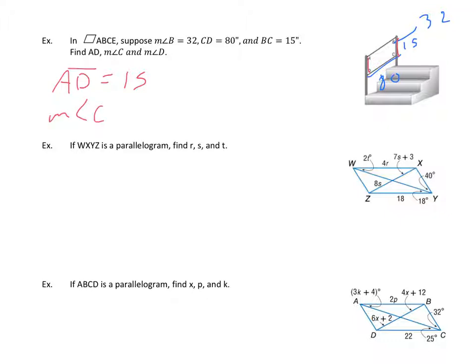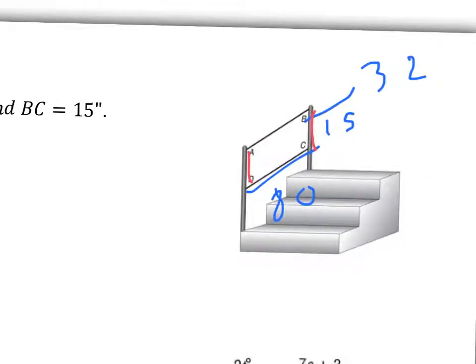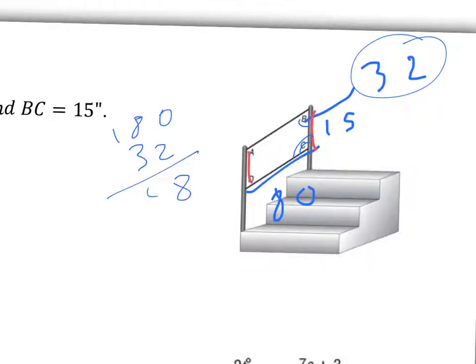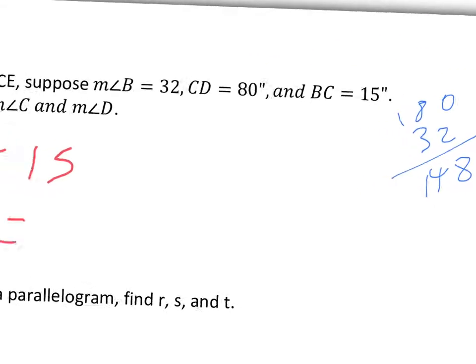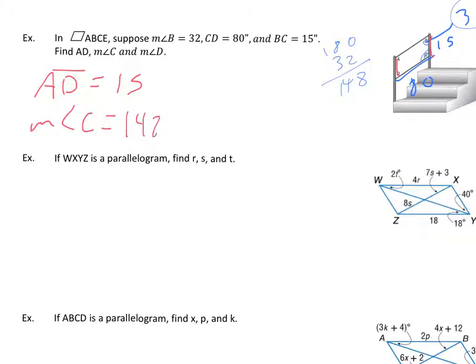The measure of angle C: you see B and C, they are consecutive angles, and consecutive angles are supplementary. That means 32 subtracted from 180 will give me angle C, which is 148. The measure of angle D: remember we said opposite angles are congruent, so B is opposite D, which means they're congruent, so the measure of angle D is also 32 degrees.